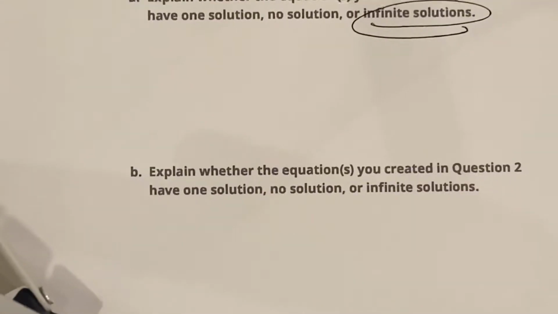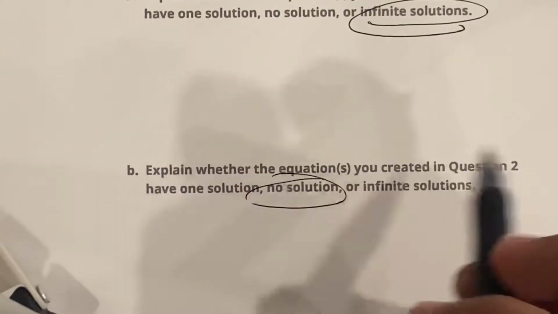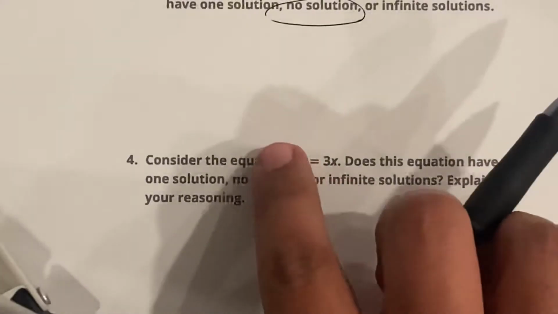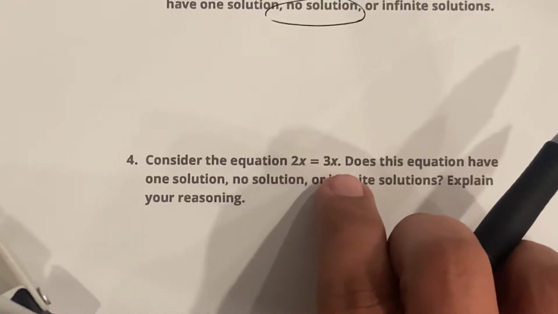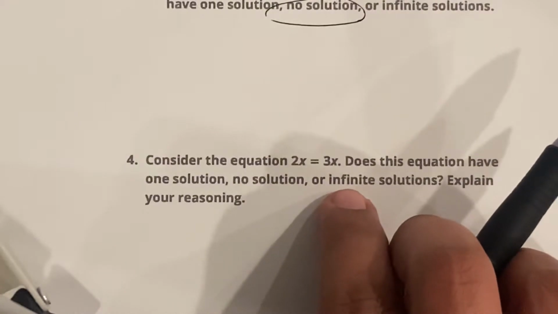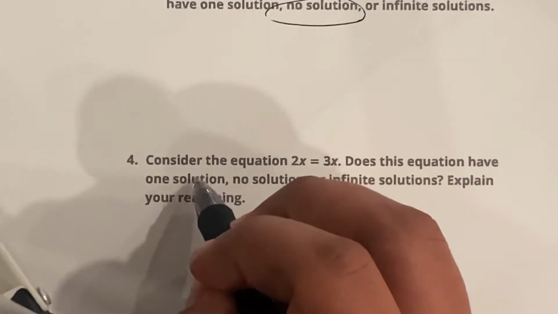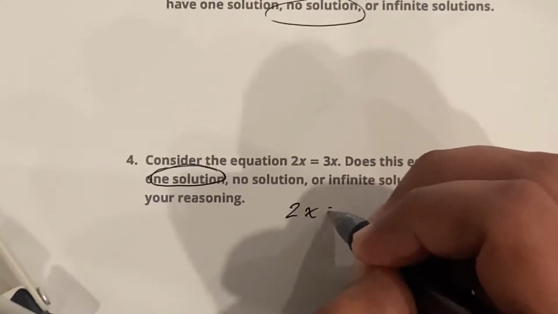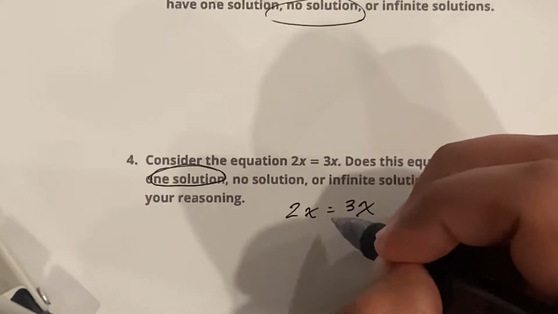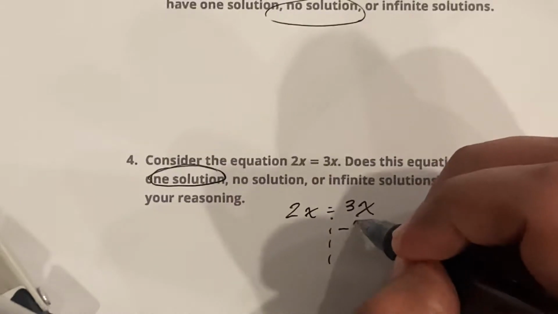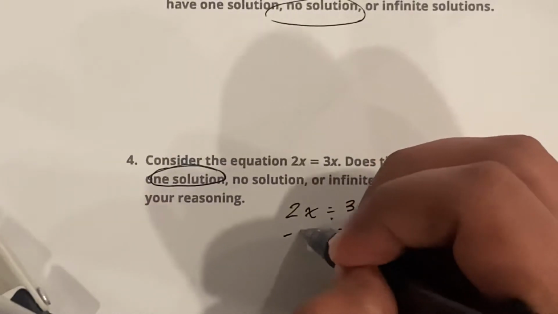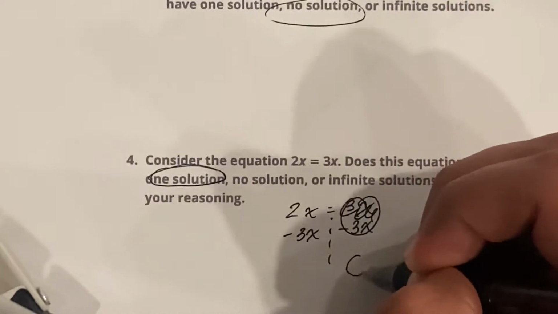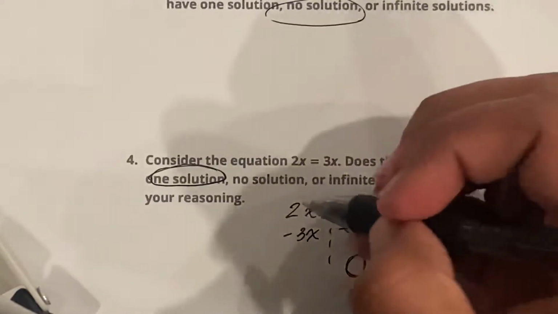Question 2, we did determine that it was a no solution. And this fourth question says, consider the equation 2x equals 3x. Does this have one, none, or infinitely many? In my opinion, it does have one solution, because I know if I try solving this equation, subtracting, this is 0, leaving a 0 wide open right there.